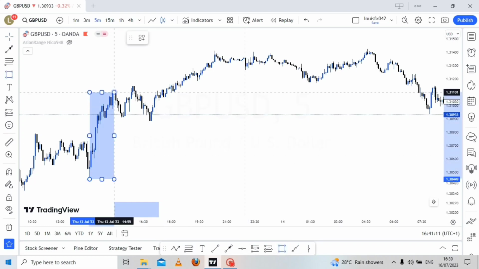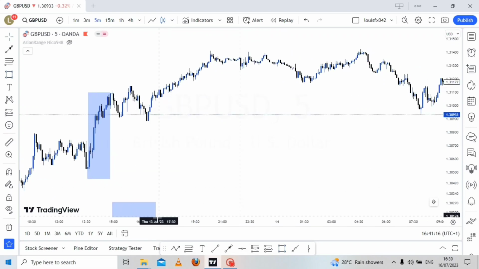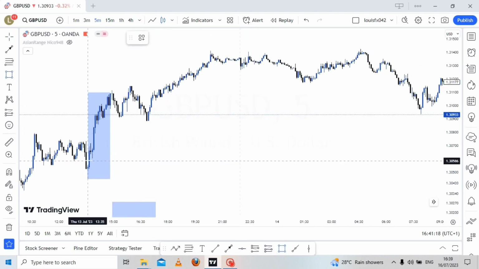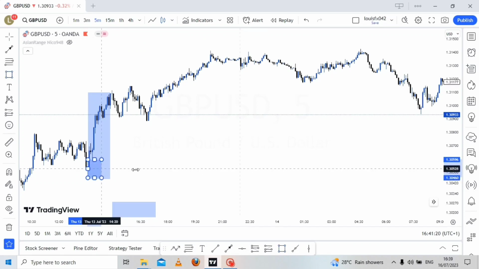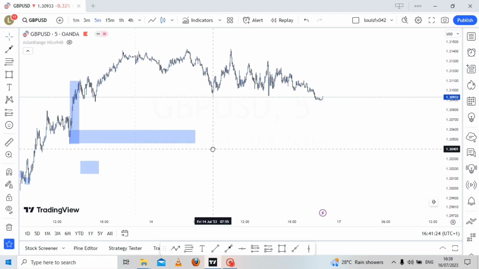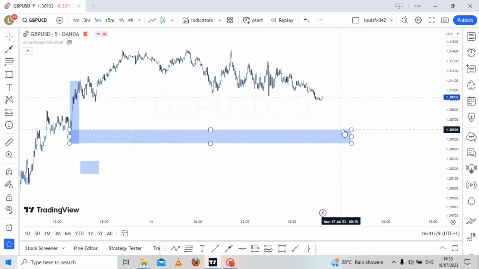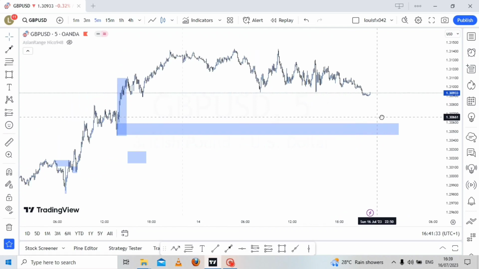There was an expansion here, but the market never came back down to this demand level created the whole of that Friday. Maybe on Monday you should be seeing the market coming back to this demand level that was created.